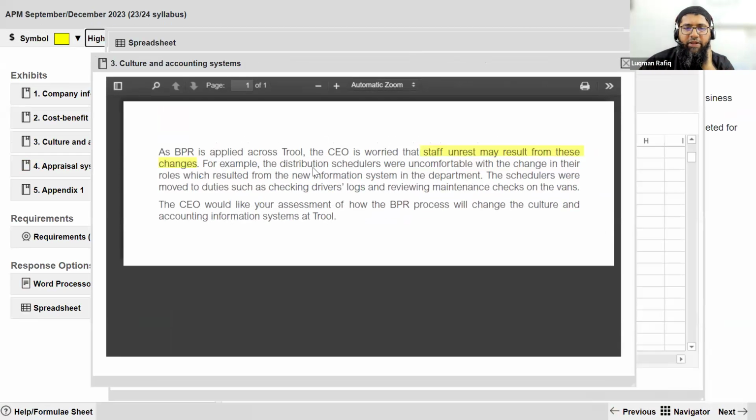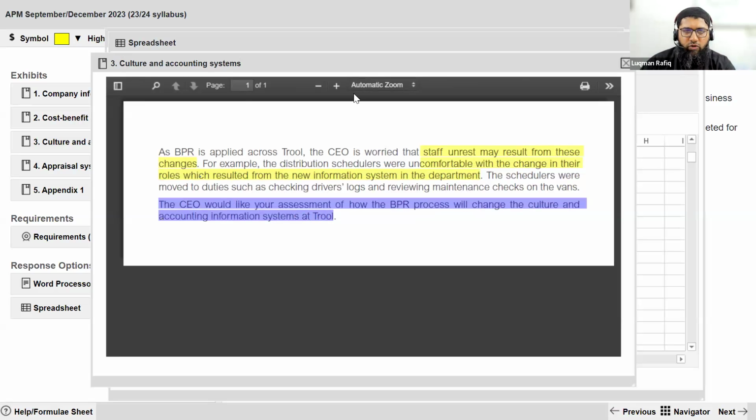For example, the distribution schedulers were uncomfortable with the changes in their roles, which resulted from the new information system in the department. Schedulers were moved to duties such as checking driver logs and reviewing maintenance checks on the van. So you would like your assessment on how the BPR process will change the culture and accounting information system at Trool. Now, this is the actual requirement.